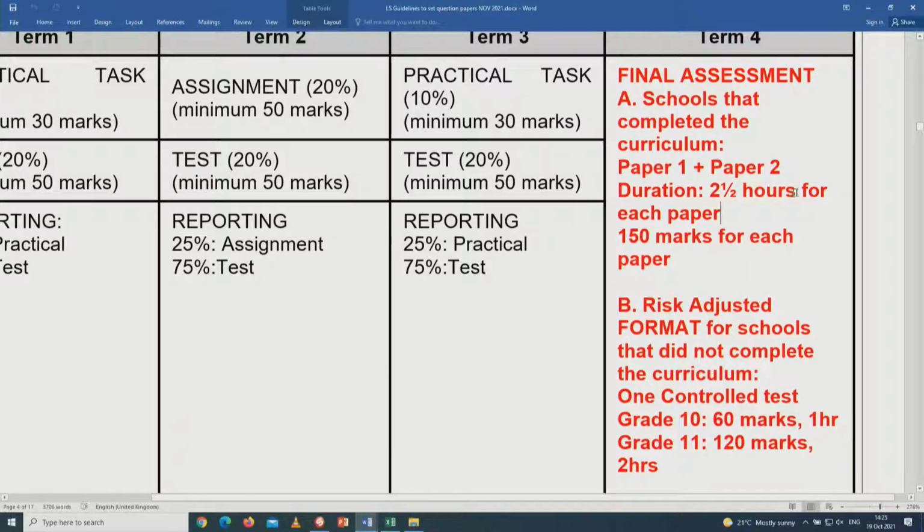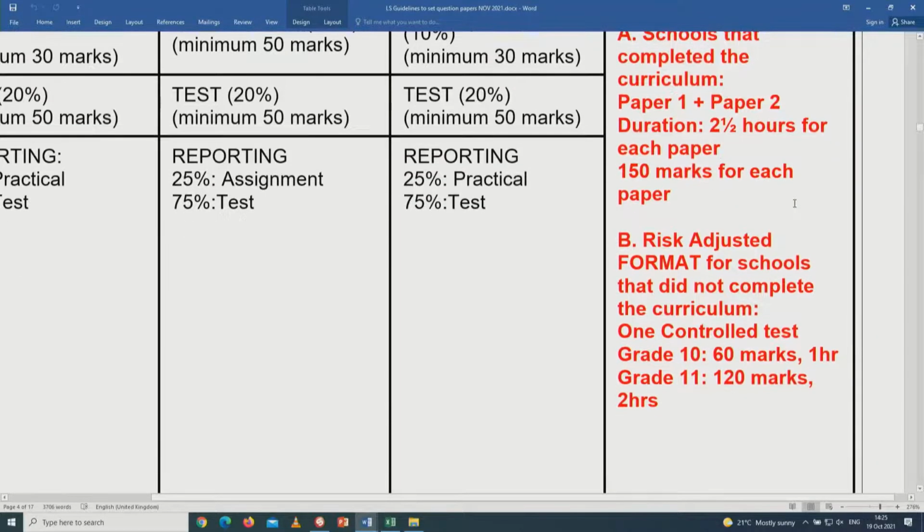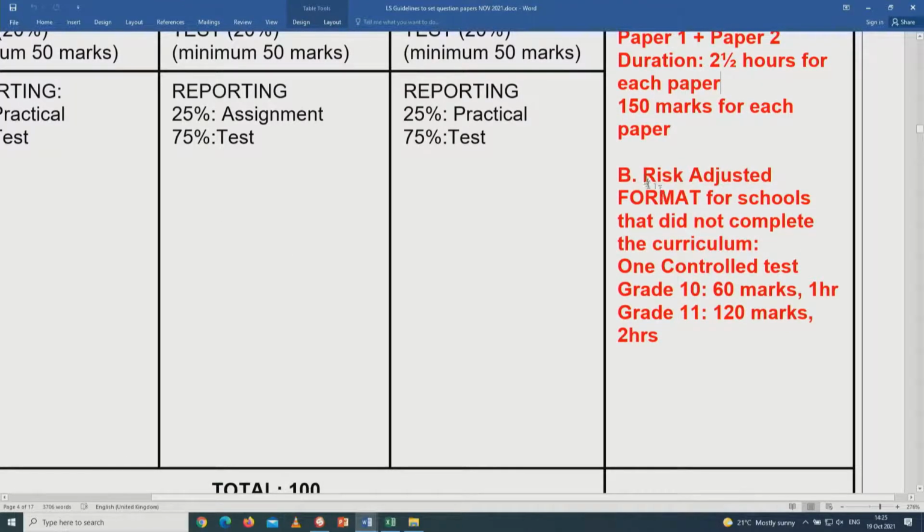The dates will indicate one date for grade 10 and one date for grade 11. And that means when you go this route, then you can write your grade 10 test on one day with the learners and your grade 11 test on the second day.